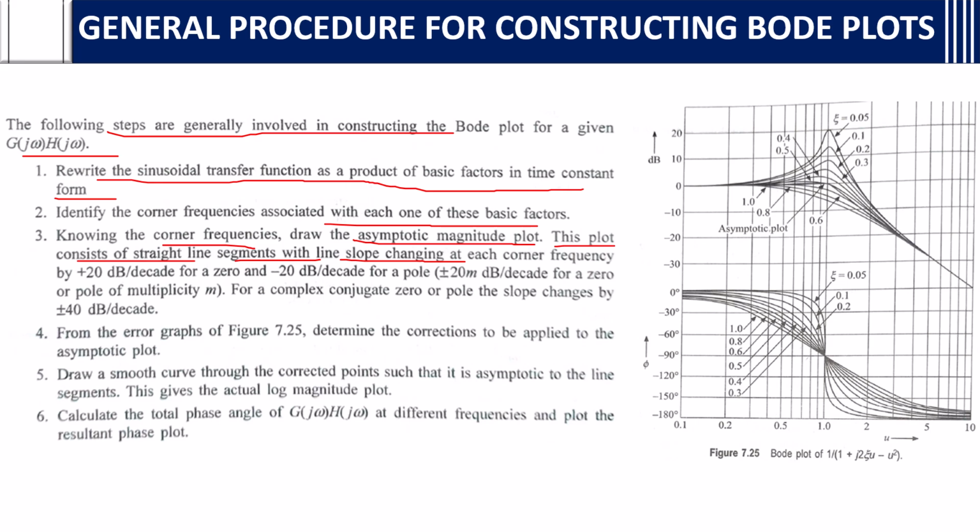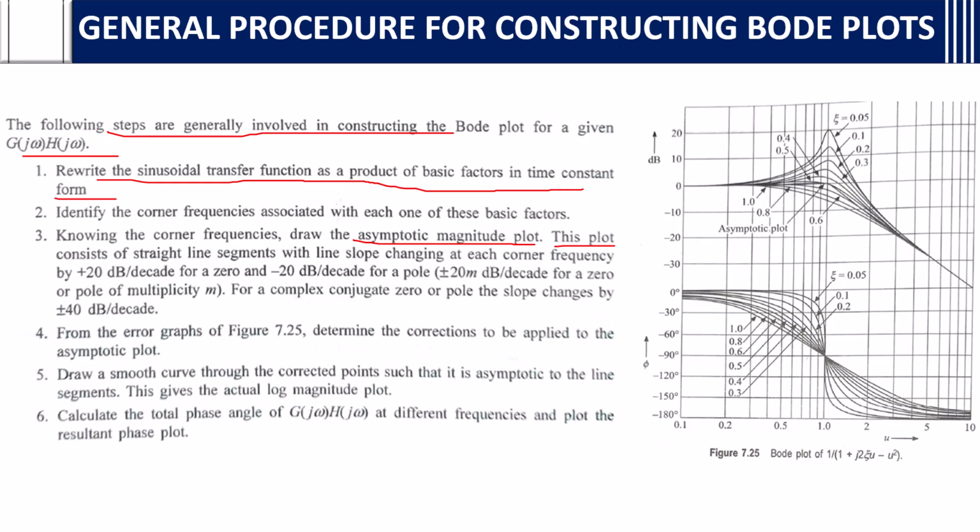At a corner, the slope is plus 20 dB per decade for a zero and minus 20 dB per decade for a pole, that is, plus or minus 20 dB per decade for a zero or pole of multiplicity m. For a complex conjugate zero or pole, the slope changes by plus or minus 40 dB per decade.